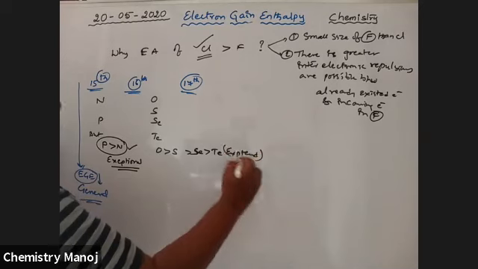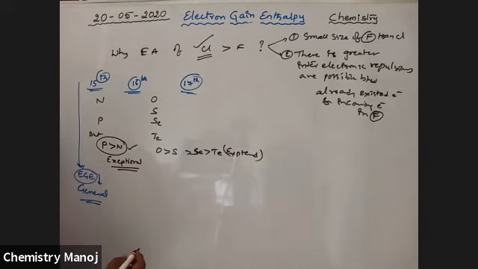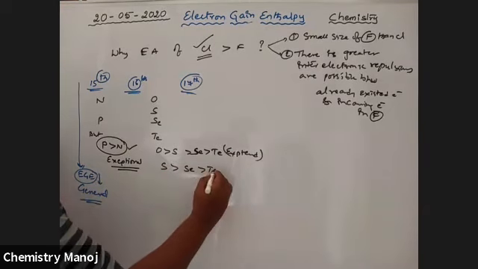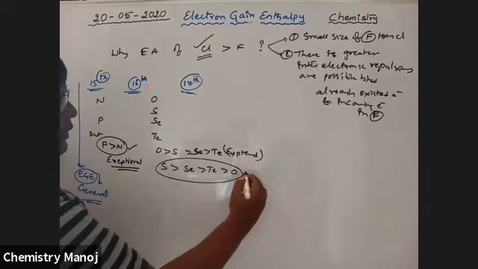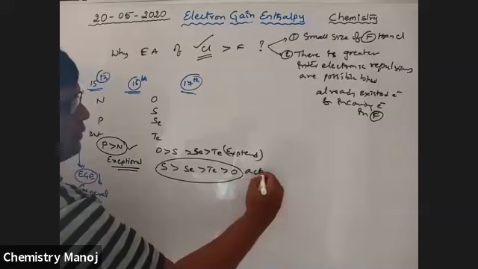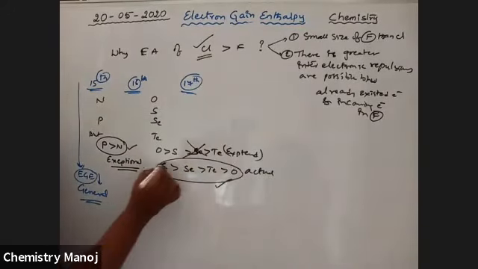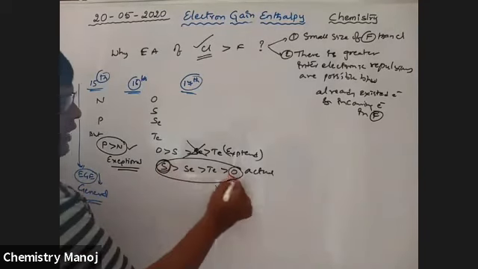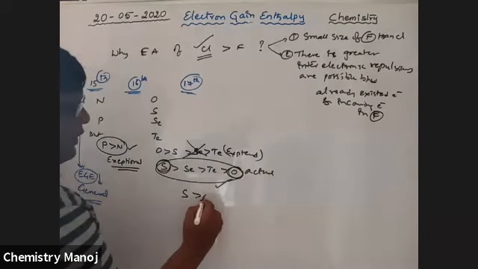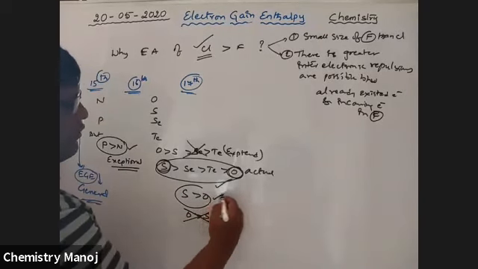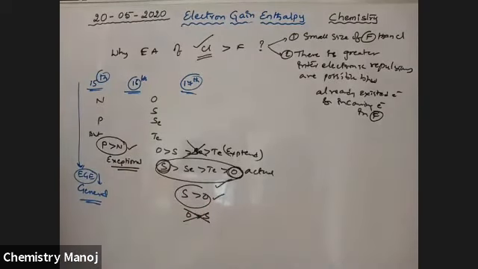But actually sulfur is greater than selenium greater than tellurium greater than oxygen. That is correct. That means the sulfur value is greater than that of oxygen. We expected oxygen greater than sulfur, wrong. Sulfur greater than oxygen is correct.